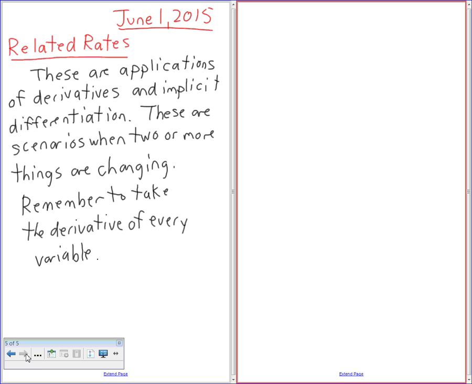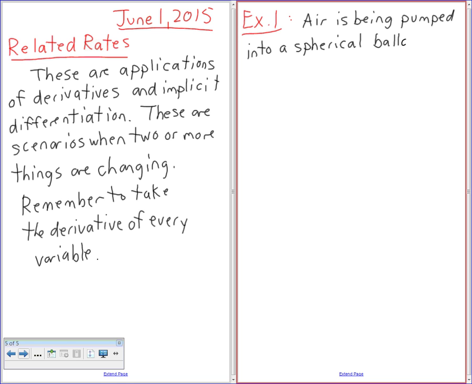There you go, example 1 says, air is being pumped into a spherical balloon at a rate of 5 centimeters cubed per minute.